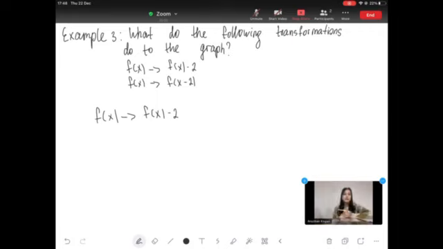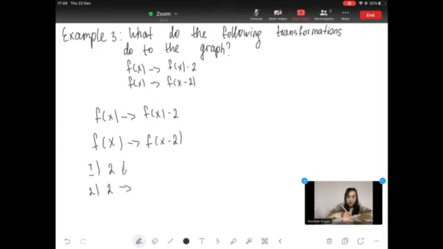Thus, the transformation here is translation 2 units down. f at x maps to f at x minus 2. The x coordinate undergoes the change. Thus, the transformation here is translation 2 units right. Answer: the first translation is 2 units down, and the second translation is 2 units right.